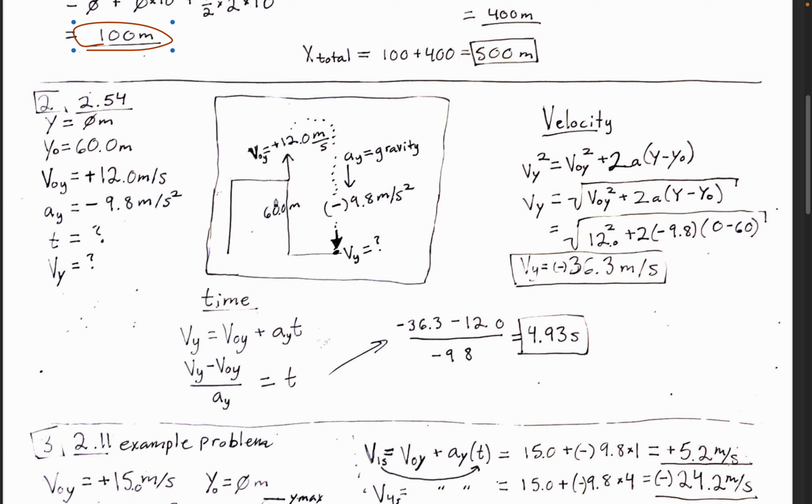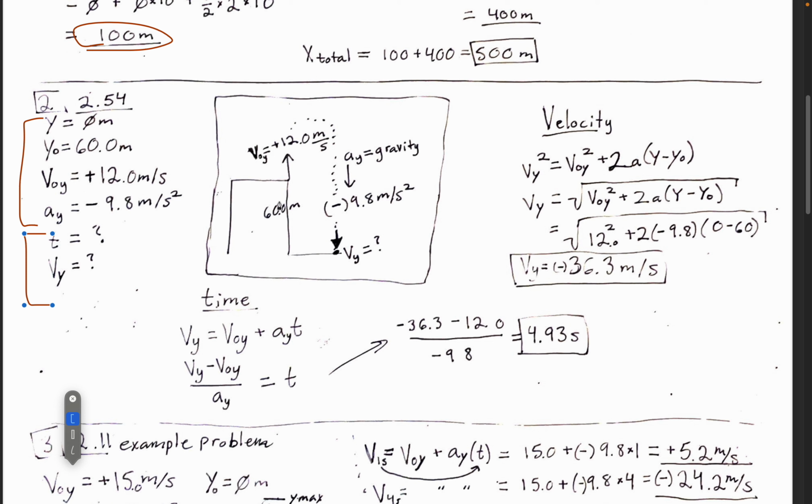So first we want to draw our graph, and I said before that you can draw the graph third. What I said before was you write out the given values, you write out the desired values, and then you draw the graph.